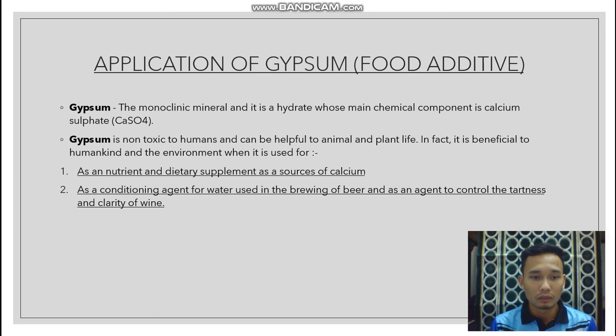The uses of our gypsum in food additive: first, as a nutrient, an additive supplement, a source of calcium. Second, as a conditioning agent for water used in the brewing of beer, and as an agent to control the tartness and clarity of wine.